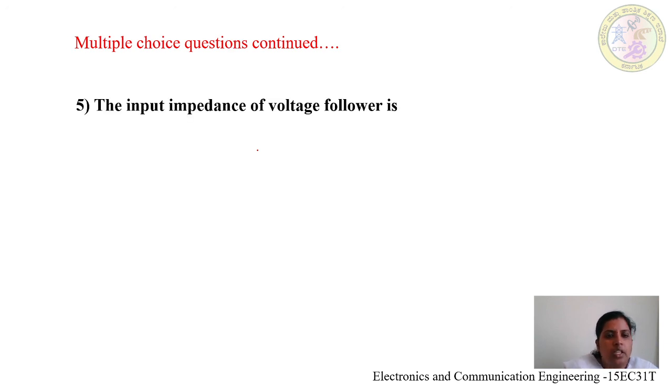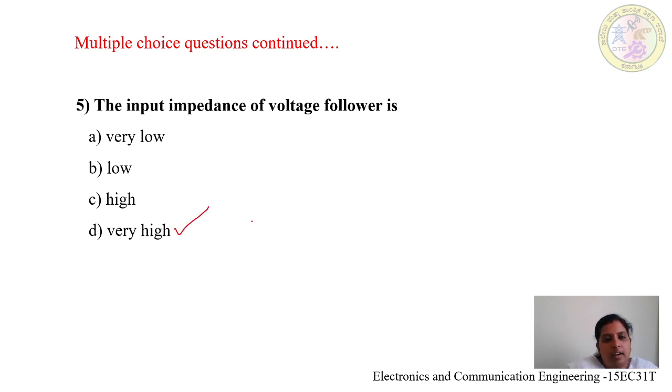And next, the input impedance of the voltage follower is: low, very low, high, very high. The main important feature of the voltage follower is that it has a very high input impedance. So answer D is the correct answer.